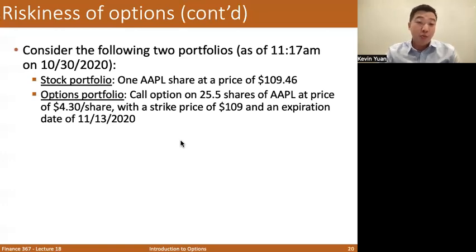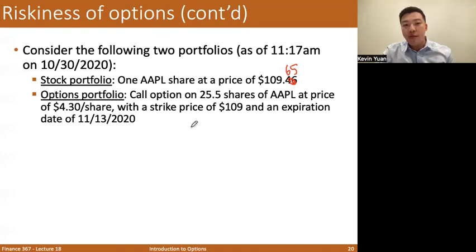Well, let's consider two portfolios. The stock portfolio says that you can buy this, let's just call this 65 to make the math a little bit easier. So let's say you have two options. You can buy a share of Apple at 109.65, or you can buy a call option on 25.5 shares of Apple at $4.30, with a strike price of 109 and expiration of this.